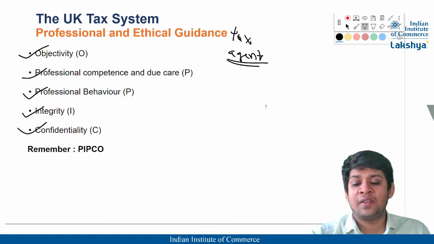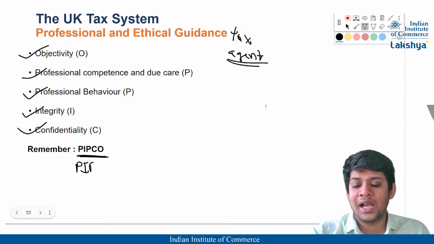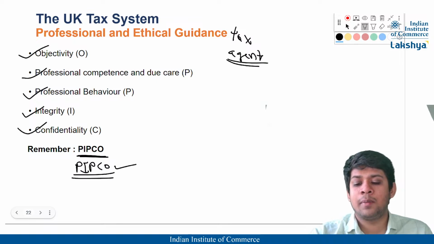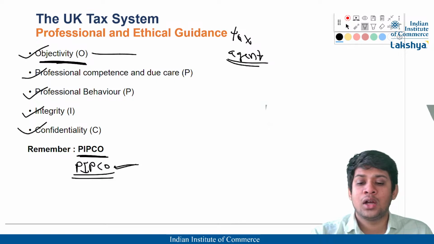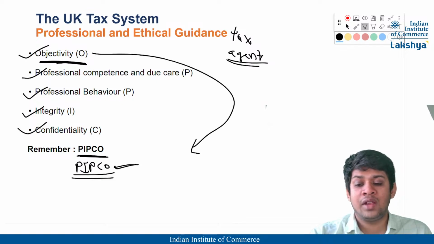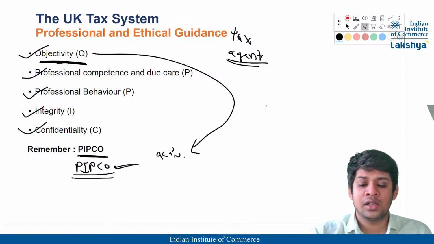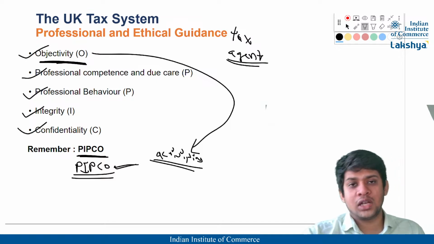Okay, these are the 5 principles. You can remember them as PIPCO. Okay, PIPCO, PIPCO. This will help you remember it. First one is objectivity. What do you mean by objectivity?